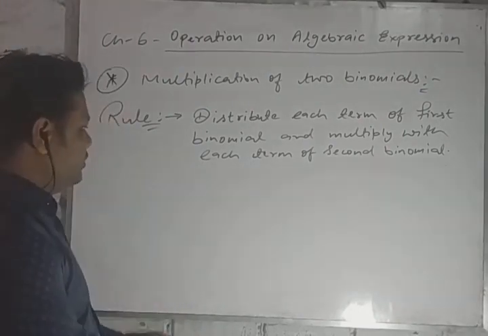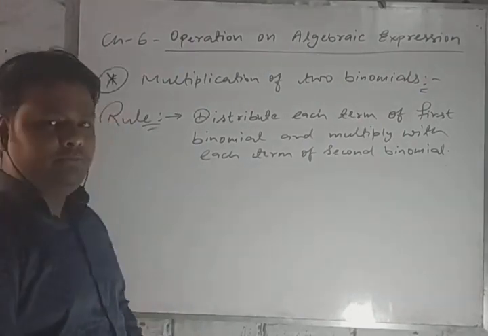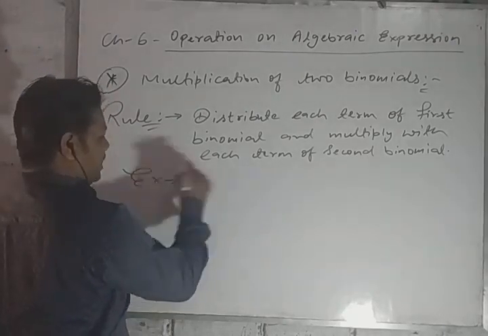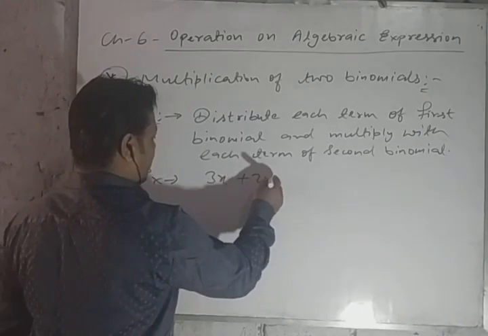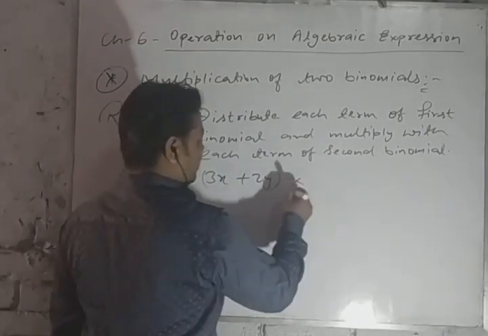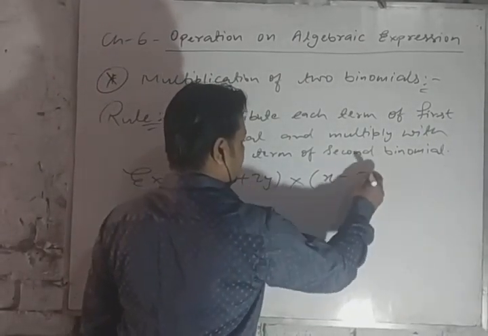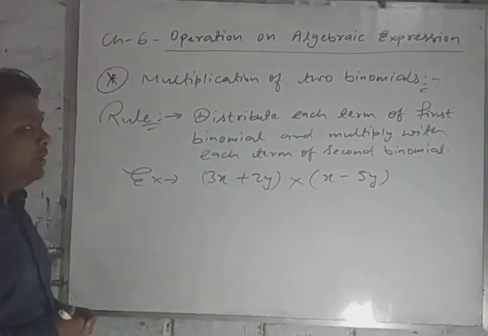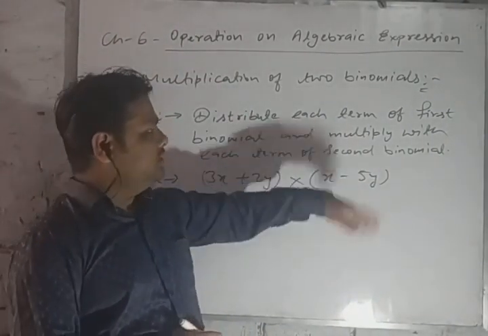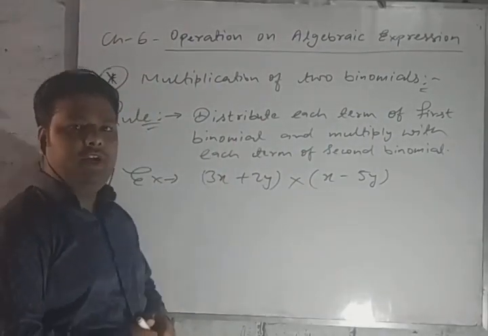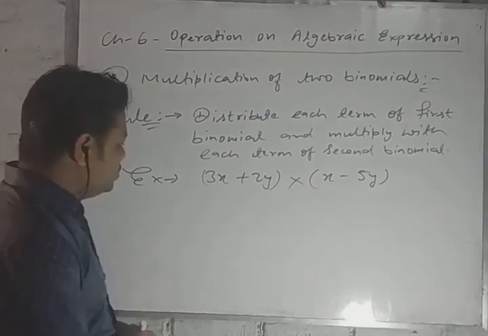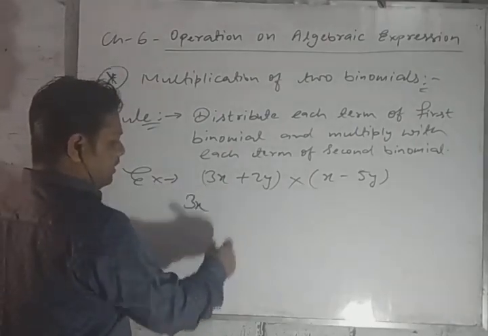Okay dear, so let's see one example based on this rule. If the first binomial is 3x plus 2y and the second binomial is x minus 5y. According to the rule, we distribute each term of the first binomial. So 3x here we will write, multiplied by x minus 5y, and plus 2y, multiplied by again the second binomial.